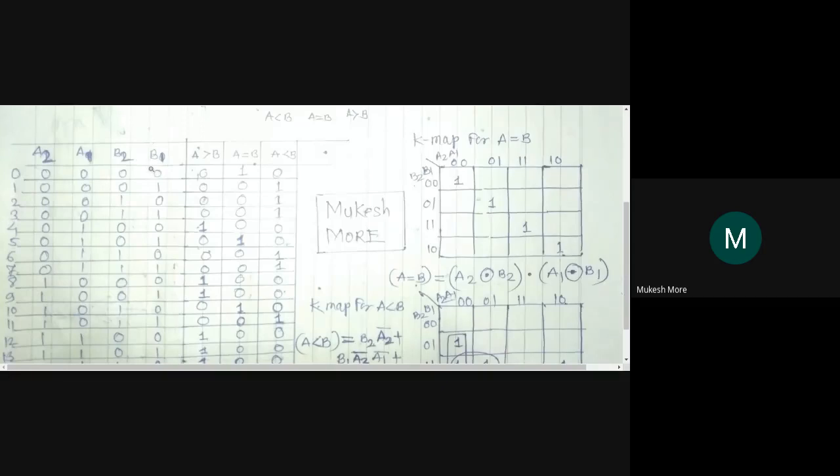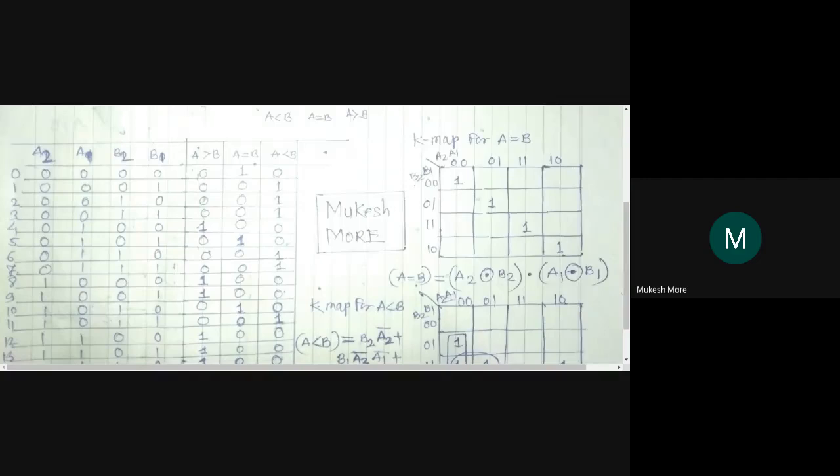As you know, if we have four variables, then there are 16 possibilities. So B1, B2 are the 2 bits of number B, and A1, A2 are the 2 bits of number A. Commonly, we can consider there are 4 bits for two numbers, and now we have to write the binary values.